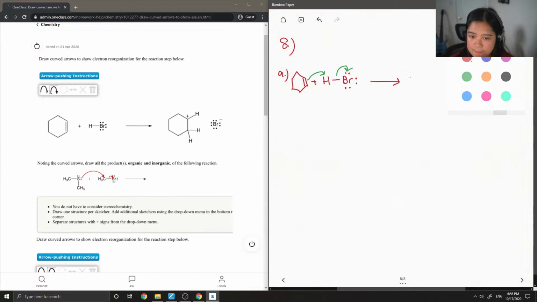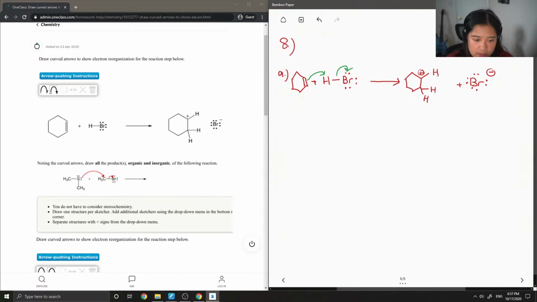And then our final products are the given. So that now has a positive charge. And then Br gained a negative charge.